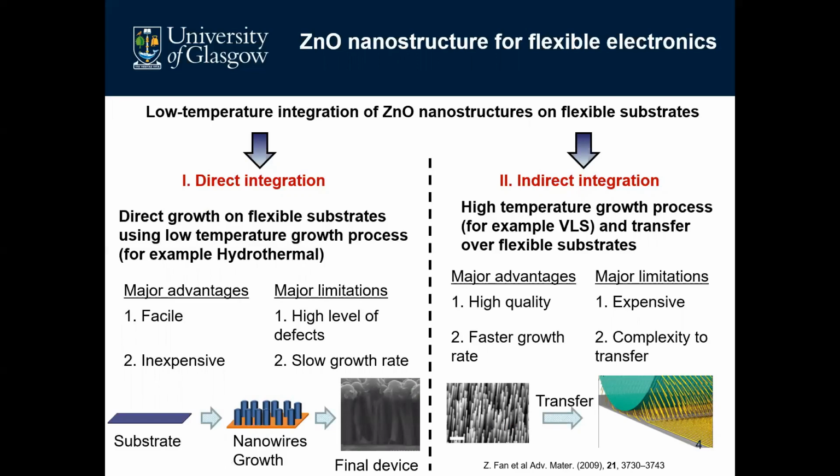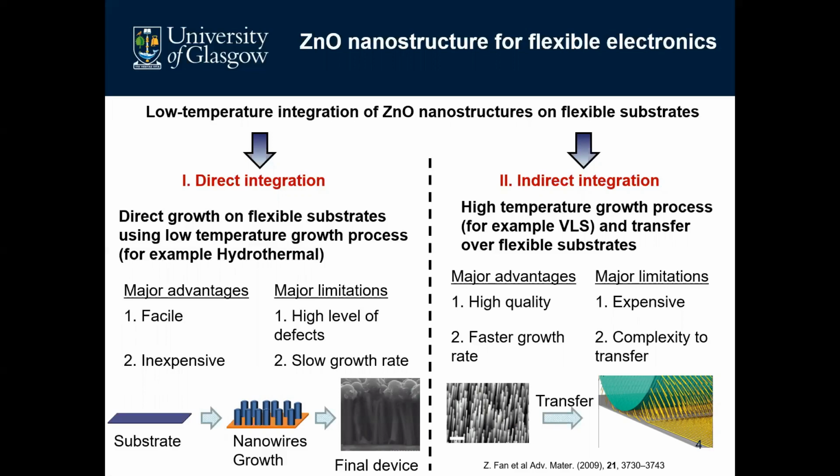Following that, further device manufacturing processes are performed to finalize the electronic device. The major advantage of this approach is that it is low cost and easy to manufacture. However, because of the low temperature growth process, zinc oxide nanostructures have a high level of defects and also the process is quite slow.